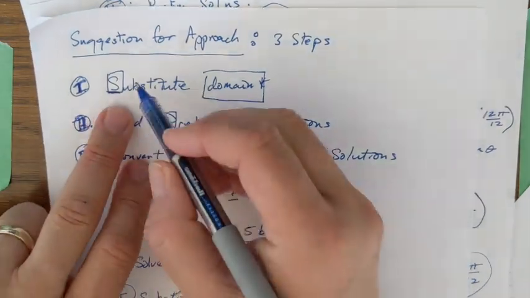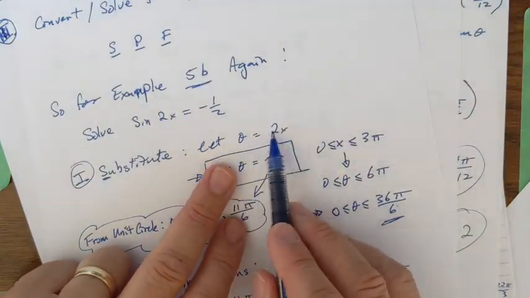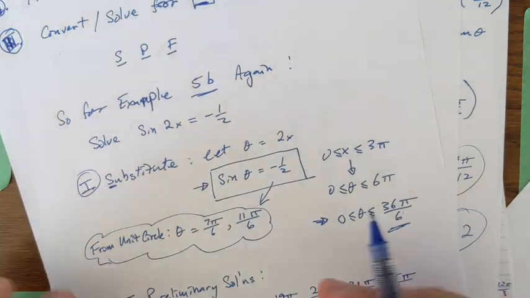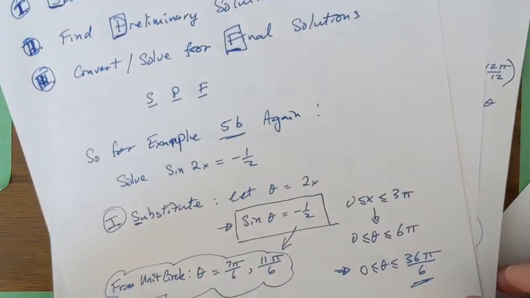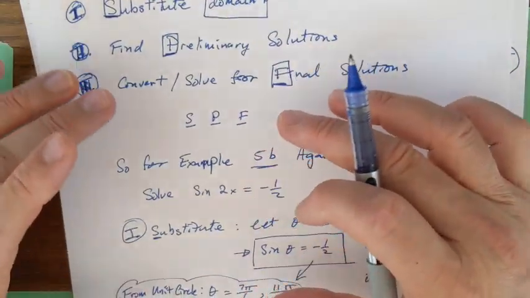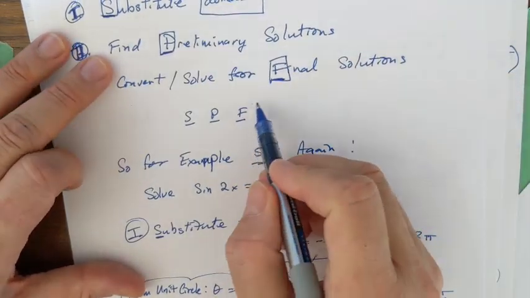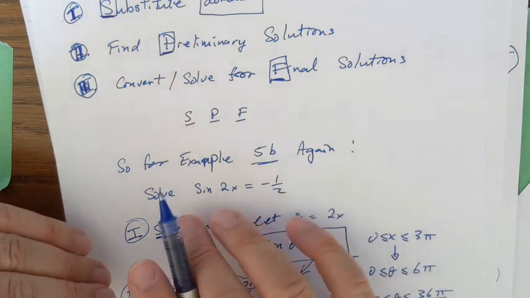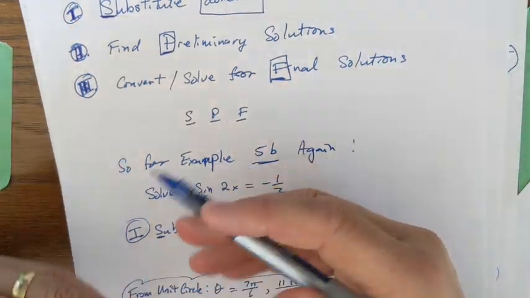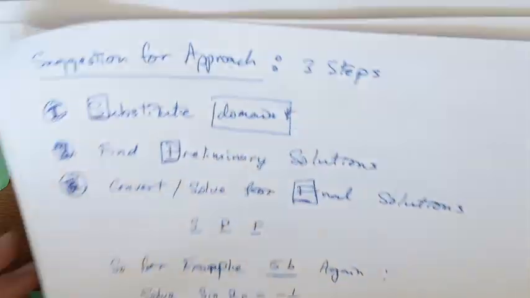Do you have to introduce a literal substitution and say let theta equal the 2x or whatever is in the bracket? No, you don't have to do that. But I think it's a nice approach that you can take every single time so that you don't forget anything. Acronyms like this are really good so that you don't forget anything, which could very easily happen here. So I just wanted to offer that to you.